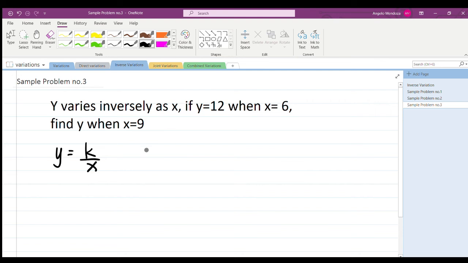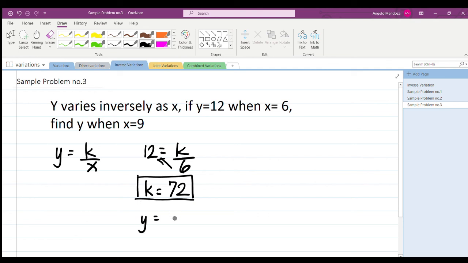You have y equals 12 if x is 6. You just cross multiply 12 times 6, so our k will be 72. So our equation will be y equals 72 over x.